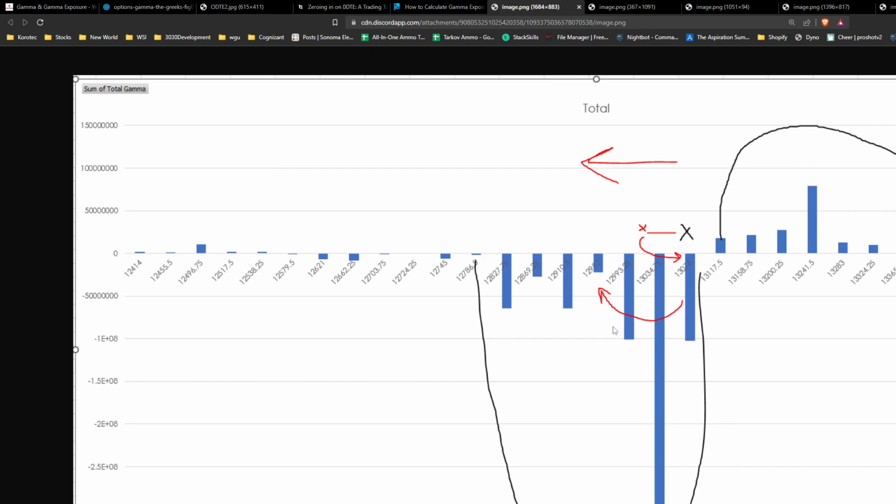So what I had ended up doing was I had taken my first entry at 65, where my stop was at 83, and I had done my 2R for my first exit, which put me somewhere around 13,021, right in between these two gamma strikes.